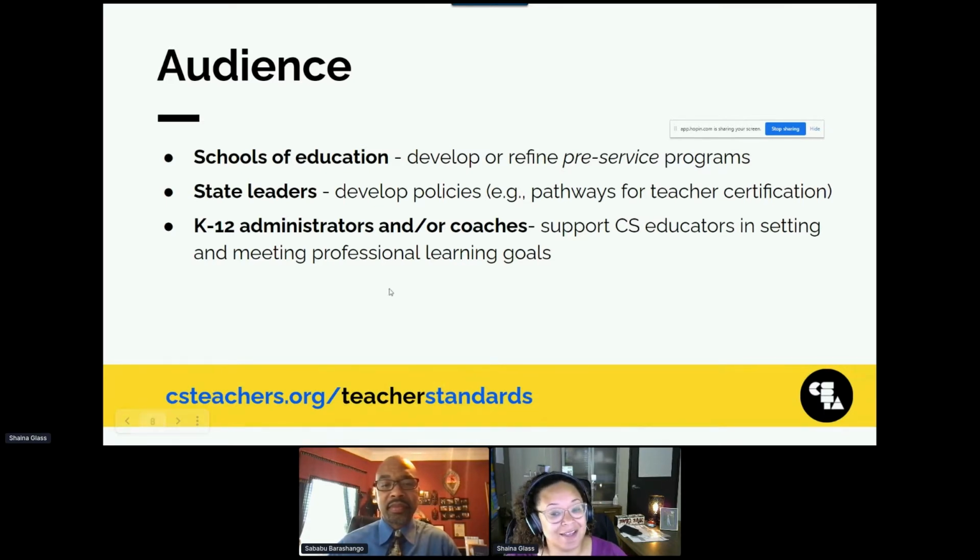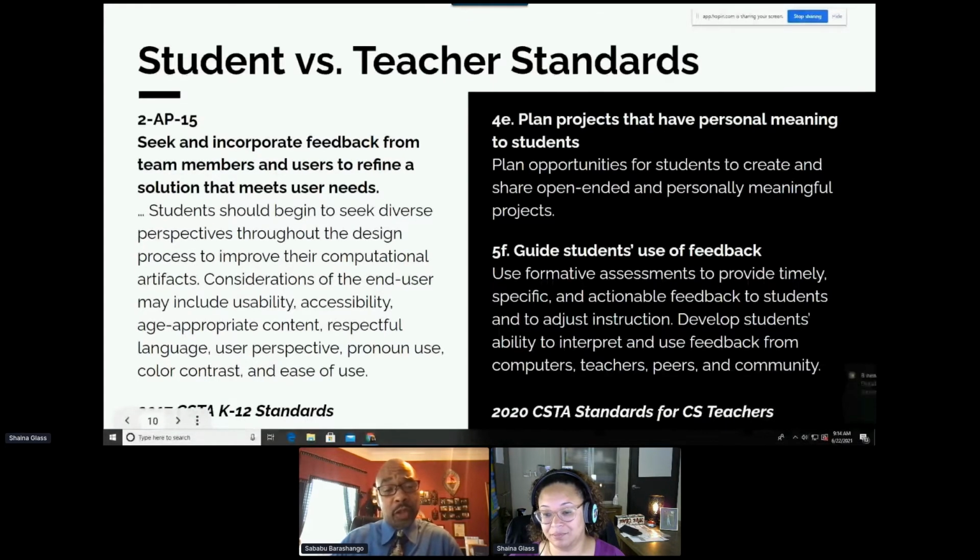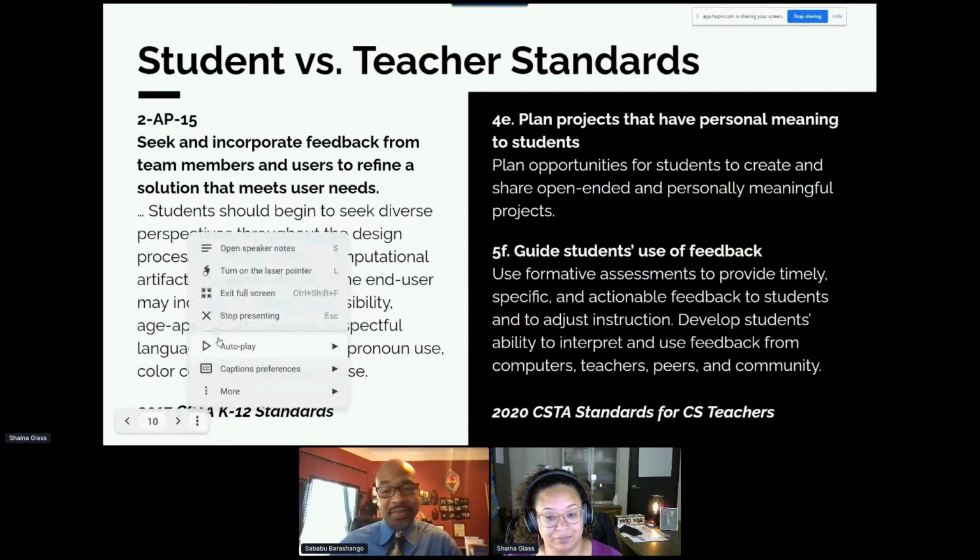That is who we're targeting, and we're glad to have you in here this morning. And even if you are a teacher, we appreciate you being here as well. That way you can see what observers, coaches or administrators might be looking for when they come in.